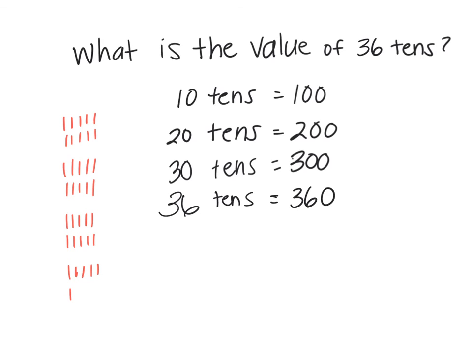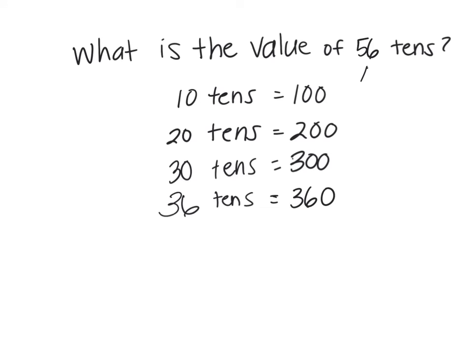So when you start to see a number like 36 or 46, you're having 10 tens added up, plus you're adding extra 10 sticks to it. Okay. So what if I said 56 tens? Well, that'd be like saying I have a bunch of tens in here. I have 50 tens and 6 tens.